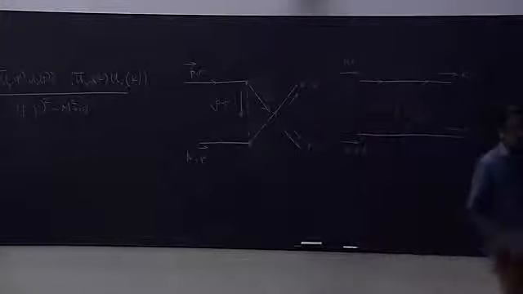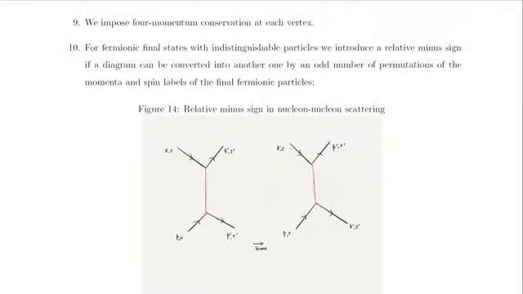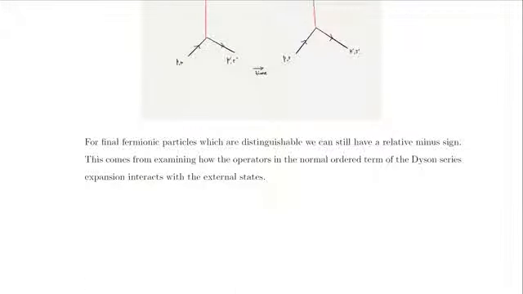I think it's better to find out the sign in a different way, and after a while you actually get a feeling for where there should be a sign, where it shouldn't be. When the final particles are distinguishable, say a fermion-antifermion final state, you can still have a minus sign. And this minus sign comes about from how the operators in the normal order term of the Dyson series expansion interact with the external state.